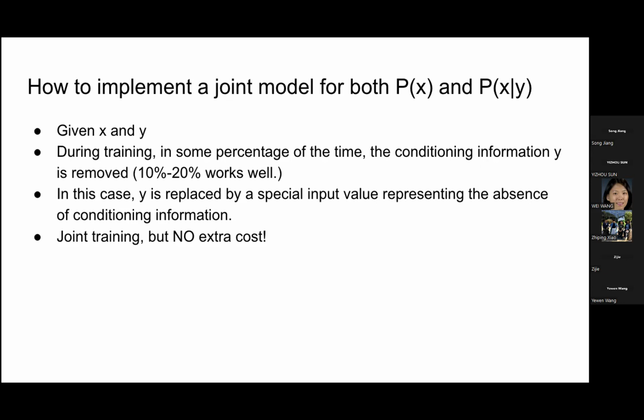Anyway, the point is that they are trying to replace the Y with some probability, to make this model able to handle both the unconditional and the conditional score.